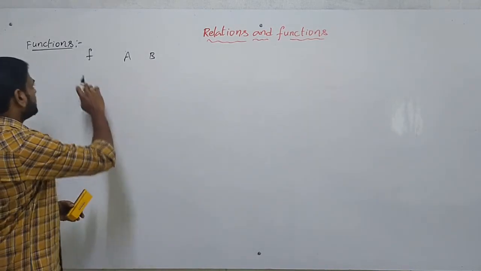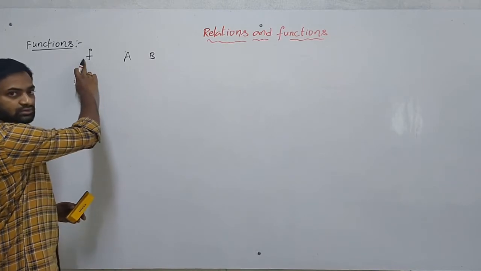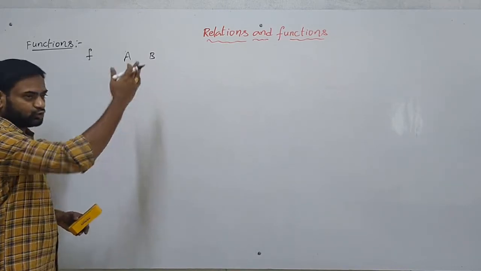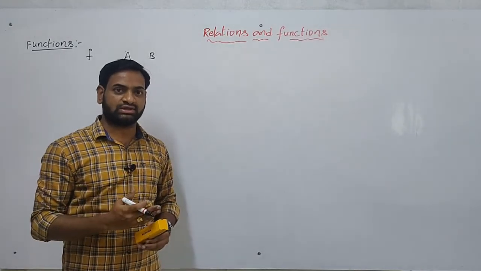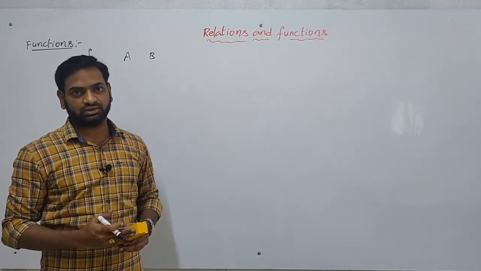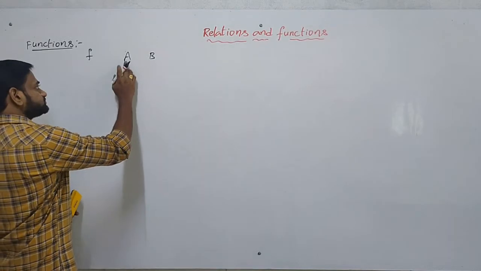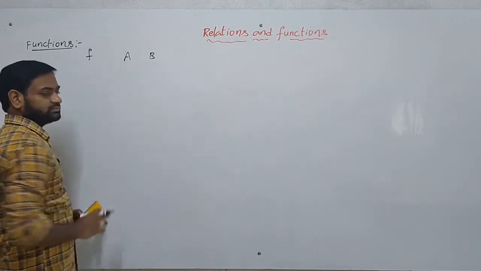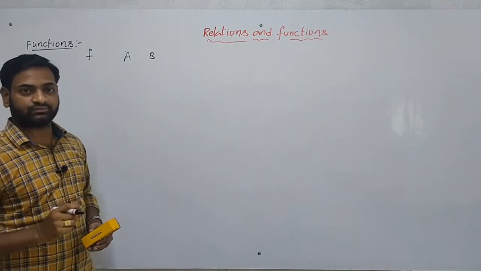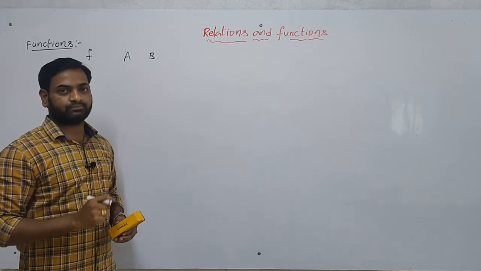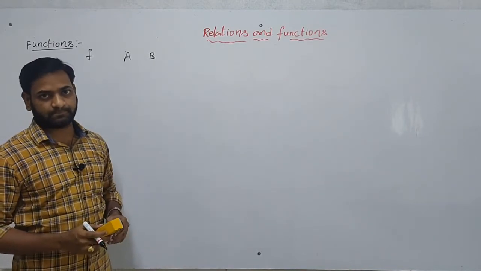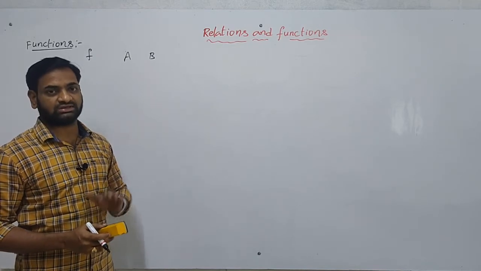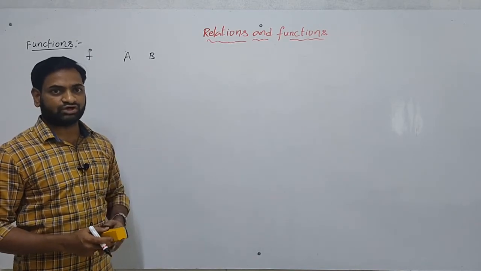See here, I am taking a relation f from A to B. It is a relation. When can we say this relation is a function? When each and every element of set A has only one image in set B, then we can say the relation is a function.